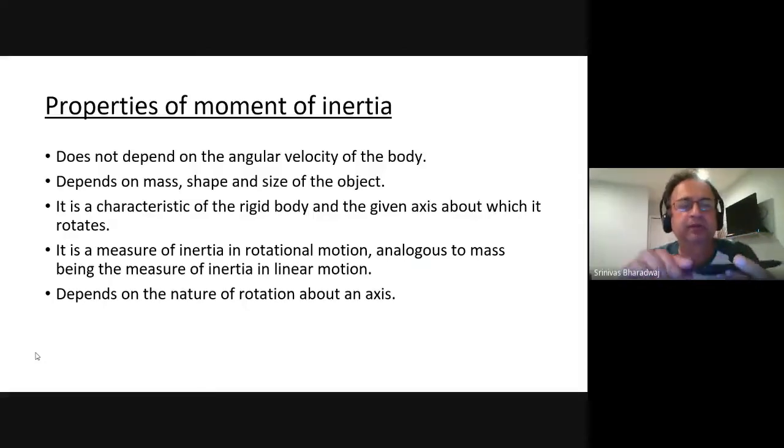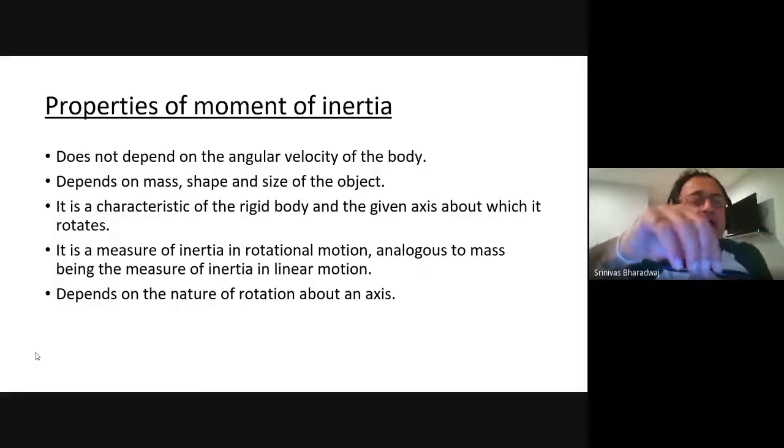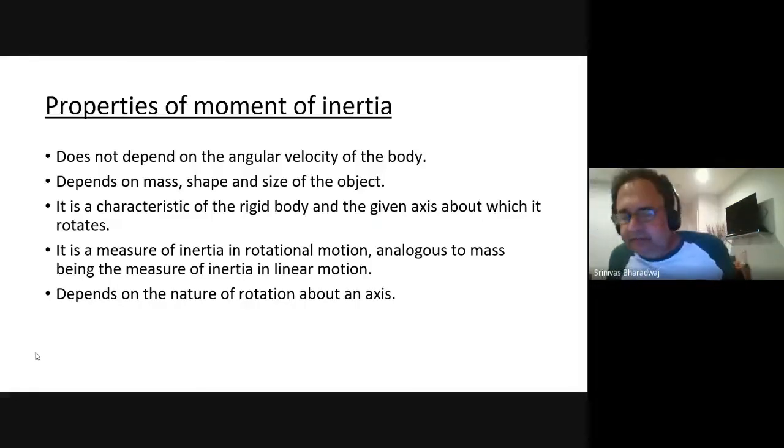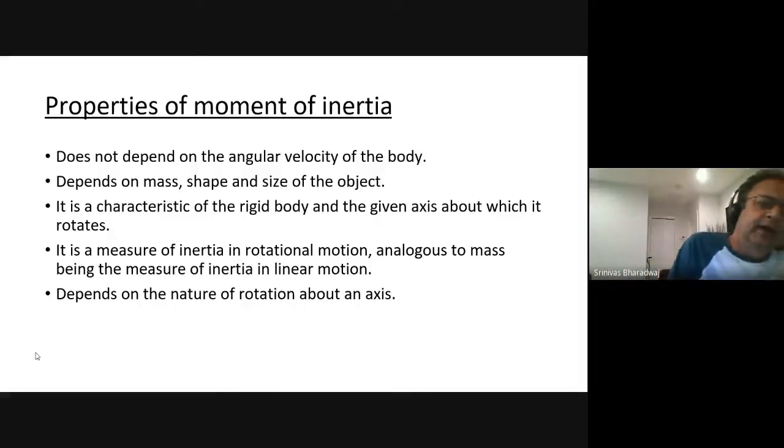Or more specifically, the angular momentum of this spinning like this versus this spinning like this is very different. So remember that.